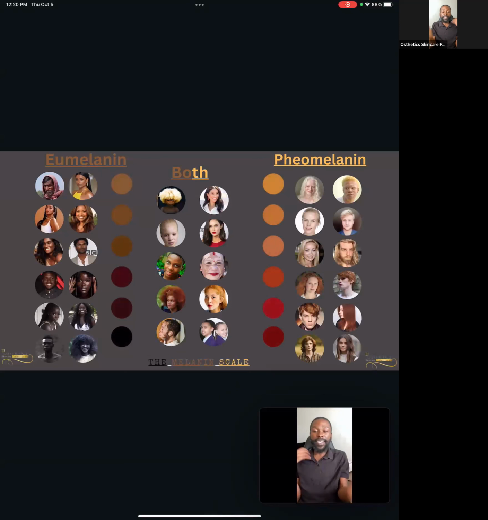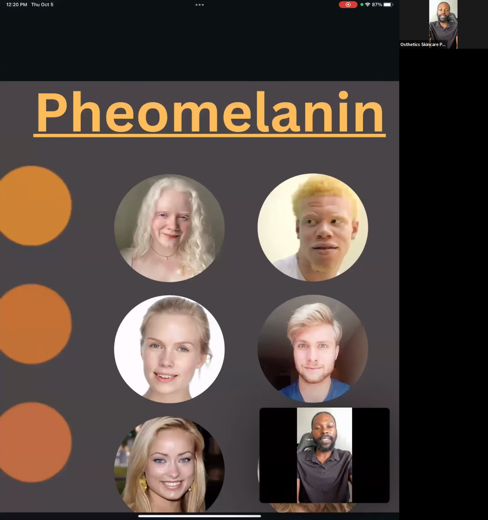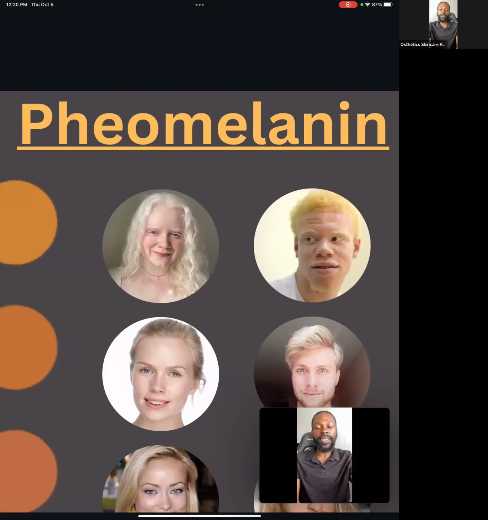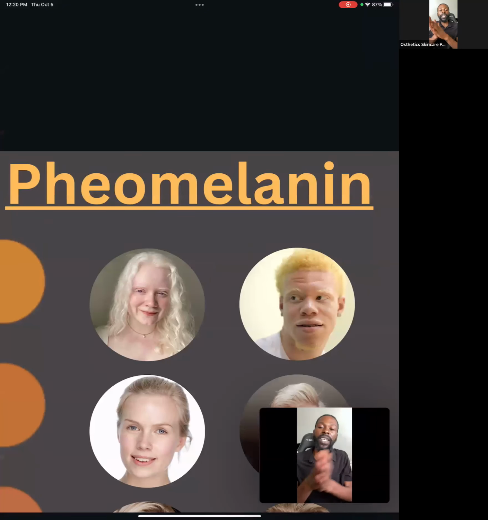Now, this is the melanin scale. If we pay attention to the right side, I'm actually going to zoom in so you all can see. Let's look at pheomelanin first, okay? Now, when we look at this, I want you to notice, if you pay attention very closely, the young lady on the left is an individual with albinism, just as the young man on the right.